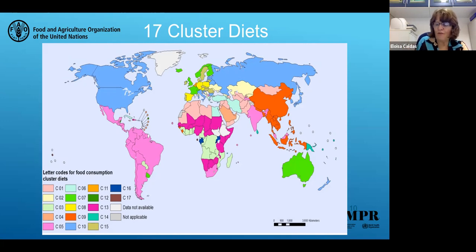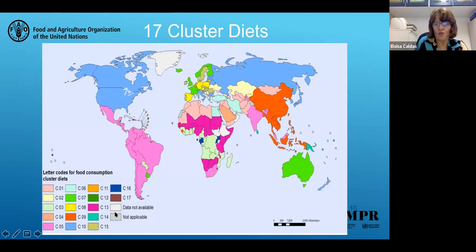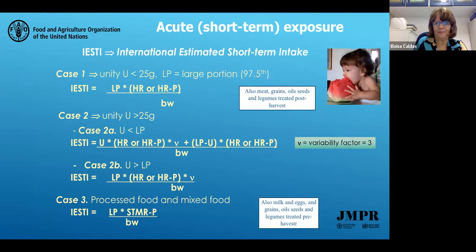Here we assume that everybody has a mean body weight of 60 kilos, with the exception of Asian countries, for which a lower body weight is considered, because they say, we are smaller, we weigh less than everybody else. So we basically have 2 body weights for that equation.